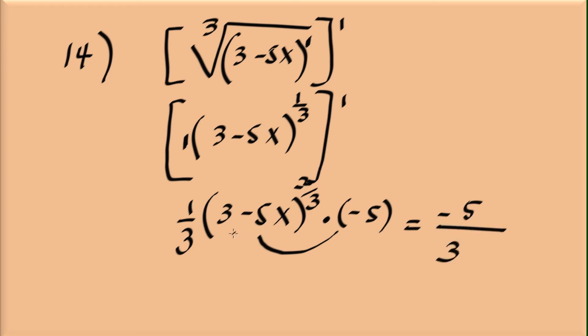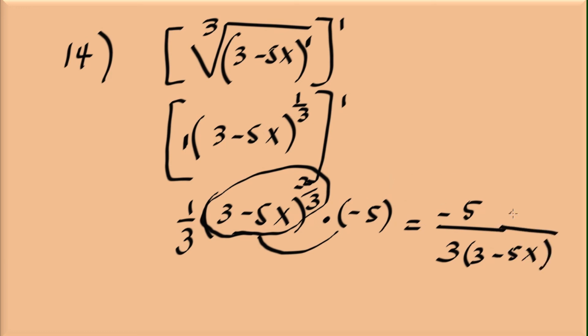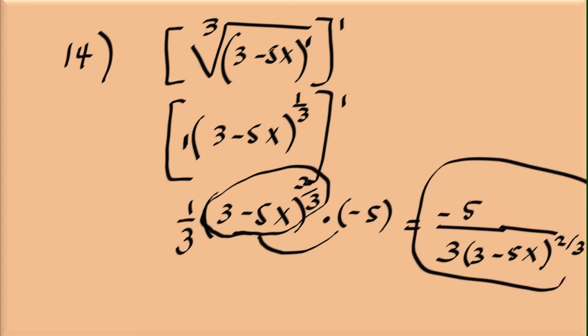Now, if you want to move this to the bottom, because your exponent is negative, you may do that. If you move the 3 minus 5x, make sure you switch the sign of the negative 2/3 to positive 2/3. So this is the process we use whenever we have an index that's no longer 2.